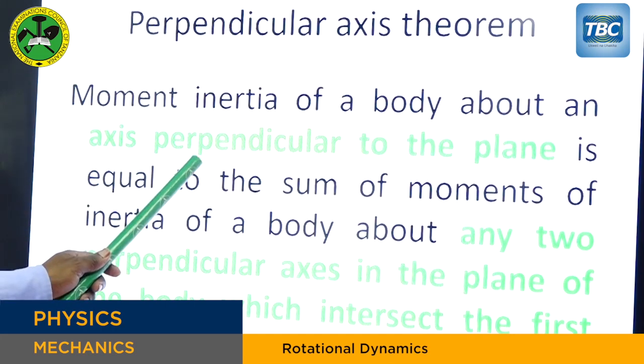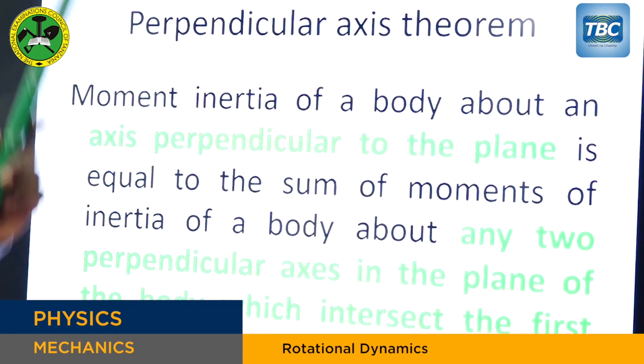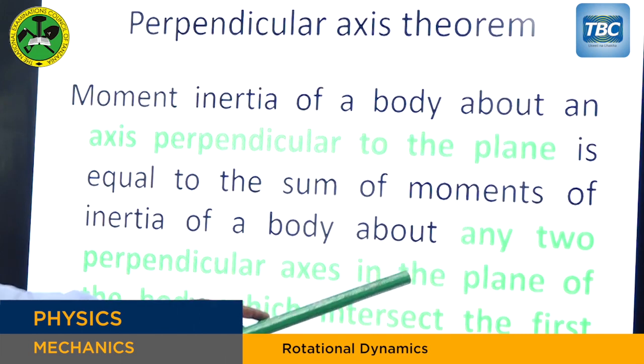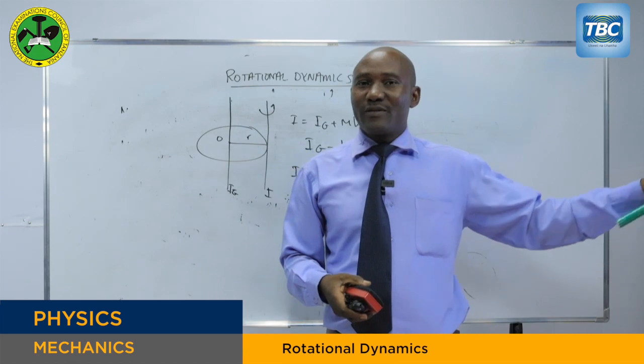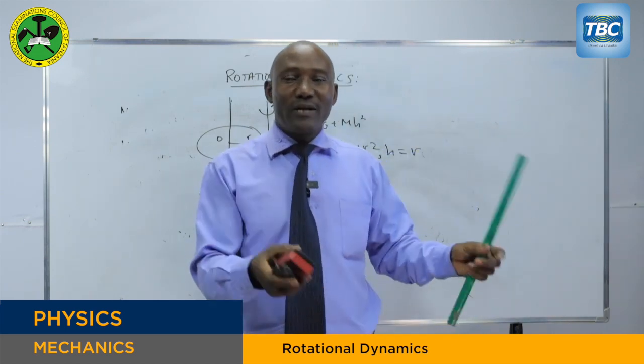So the key point here is that the axis you're looking for should be perpendicular to the plane. According to the theorem, it is equal to the sum of the moments of inertia of a body about any two perpendicular axes in the plane, but this time they must intersect the first axis. It's very difficult to see that in theory, but let's see what this means.